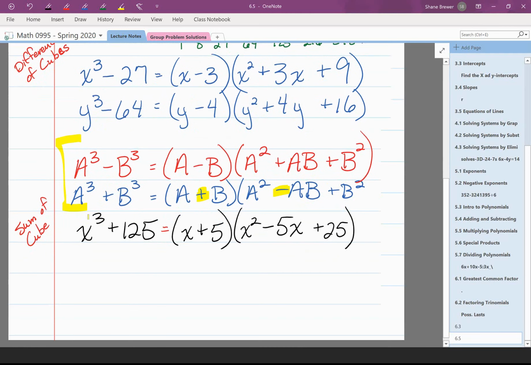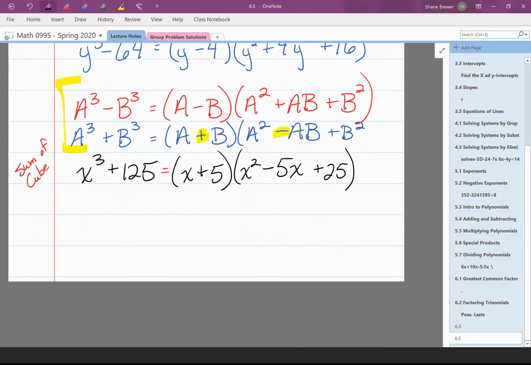Let's try one more. Let's do something like this. 125y cubed minus 8x cubed. All right. So we look at that and we say, okay, that's a difference. And we also see that everything is something cubed. Obviously, the x and the y are x and y cubed. But 125 is a 5 cubed and 8 is a 2 cubed.